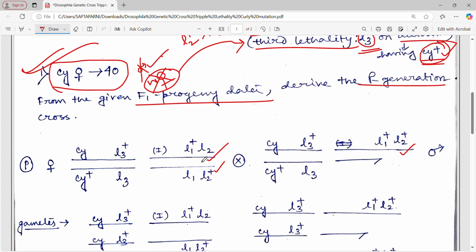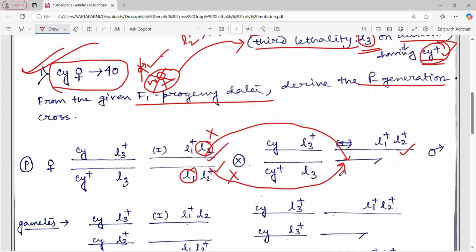Because when this X chromosome combines with this Y chromosome, it will not get the product of L2, so it will die. Similarly, when this X chromosome combines with this Y chromosome, it will not get the product of L1, so it will die. So that is how you can introduce 100% male lethality in this question. No male should be viable here.